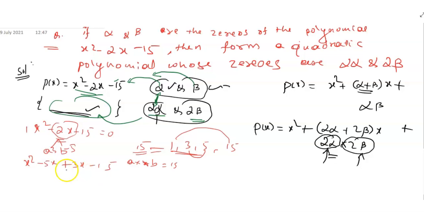Let's arrange the similar terms. In these two terms, I will take x as common, I will get x minus 5. In the other two, if I take 3 as common, here I will get x minus 5. So now x minus 5 is common here.